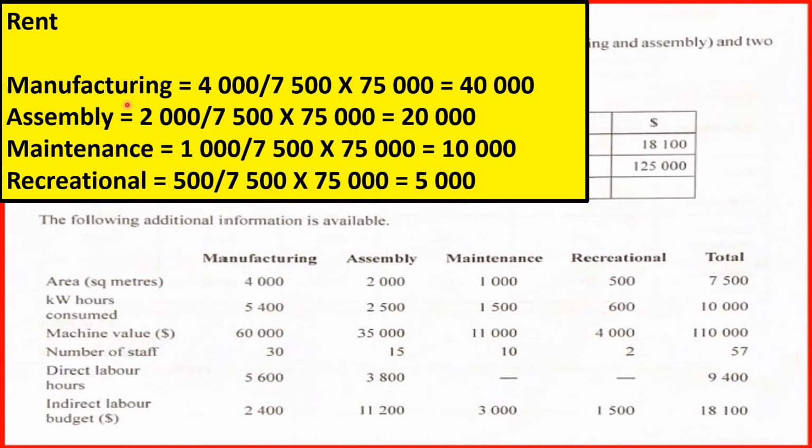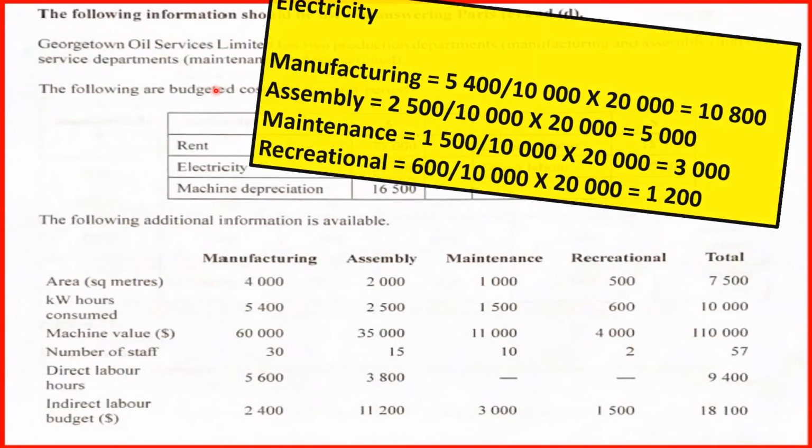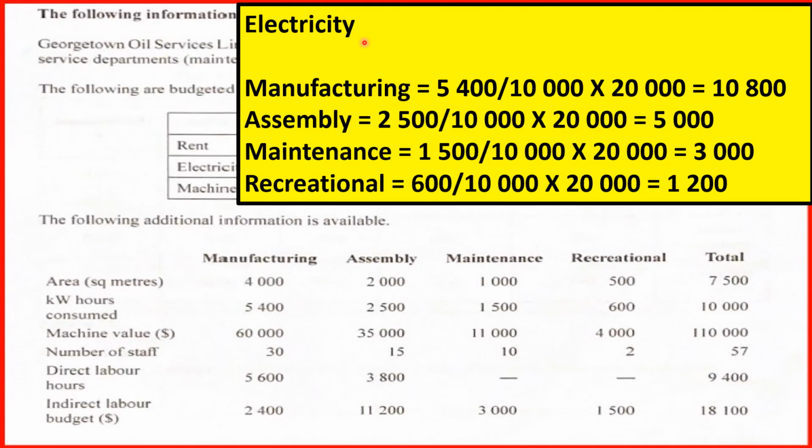When we finish with that, we take these figures in the end here and we fill them into our table. Then we move to the next item and we do our workings again. For electricity this time, we have decided on kilowatt hours consumed because that is related to electricity.